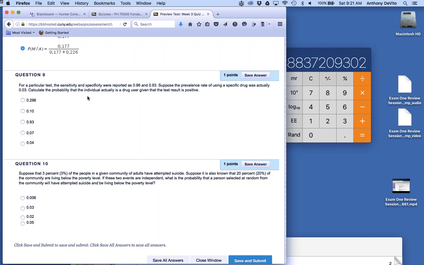In other words, a positive test being wrong, or a negative test being wrong, or in our lingo, the positive predictive value: when a person gets a positive test, what's the probability that they really are a drug user? Or negative predictive value: what's the probability that if they test negative, they aren't using drugs? In other words, that they skated through the test.